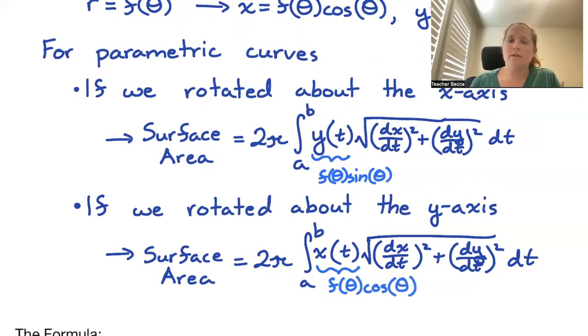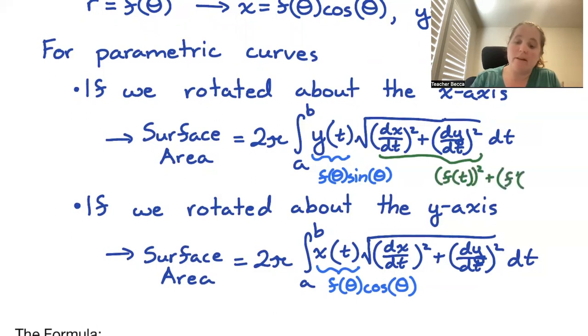And then in the previous video, we saw that dx dt squared plus dy dt squared was just f of theta squared plus f prime of theta squared.